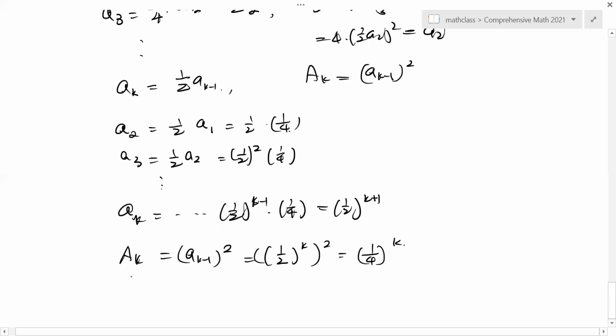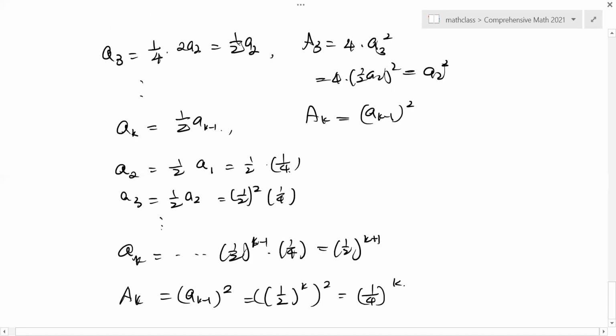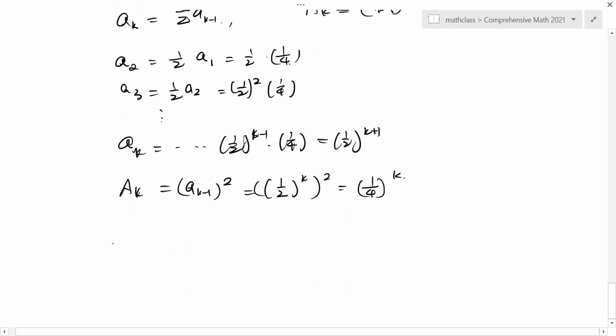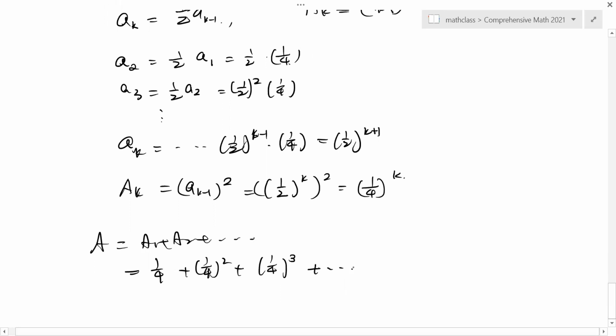So you double check A1. A1 is 1/4. So the total area is A1 plus A2, and keep it going. That's 1/4 plus (1/4) squared plus (1/4) cubed, and keep it going.